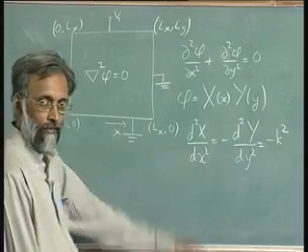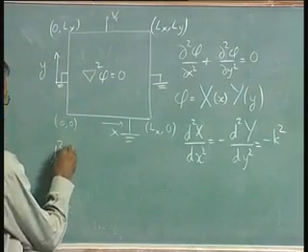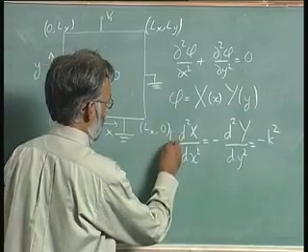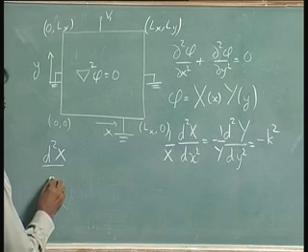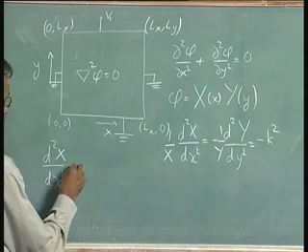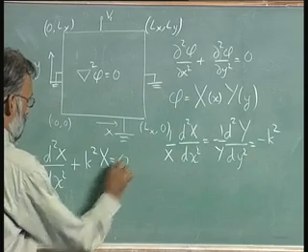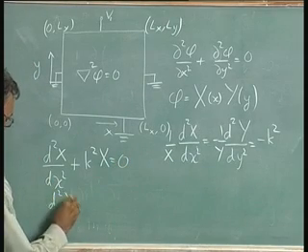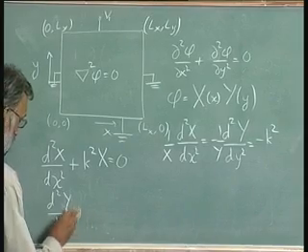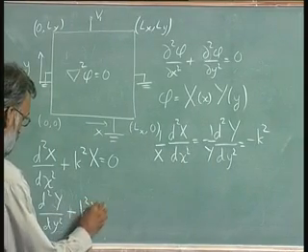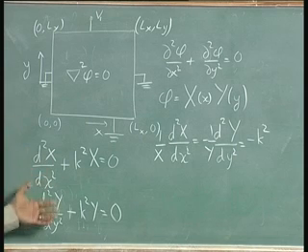So I get two equations. The two equations are d squared capital X dx squared plus k squared capital X is equal to 0, and d squared capital Y dy squared minus k squared capital Y equals 0. We had reached up to this point even earlier.